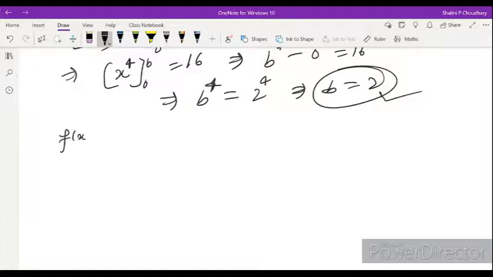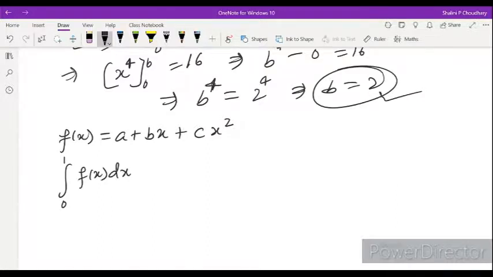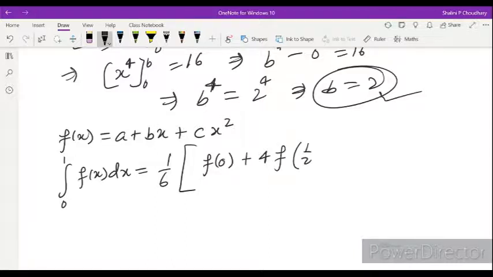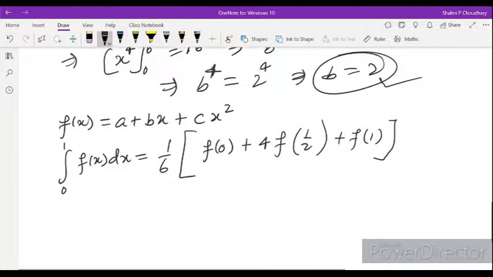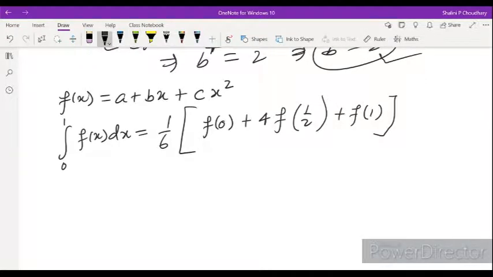If fx is given, fx is equal to a plus bx plus cx square, you have to show that the integral from 0 to 1 of fx dx will be equal to 1 upon 6 times f0 plus 4f of 1 upon 2 plus f1. How will we solve this kind of question? First of all, we will find out the value of the integral of fx dx.